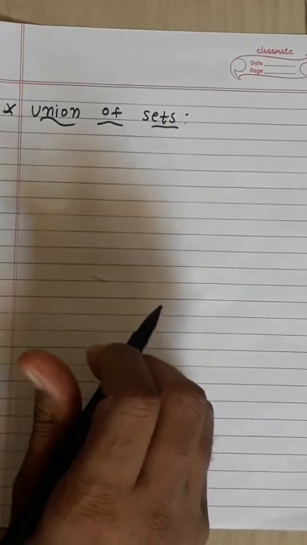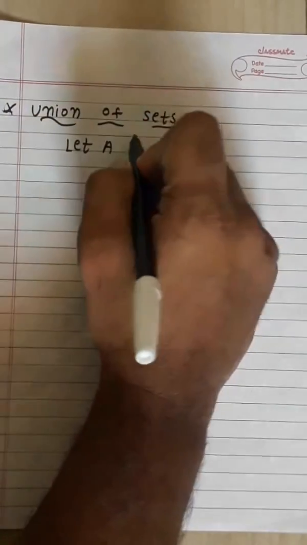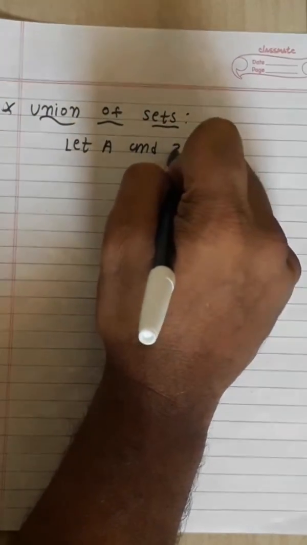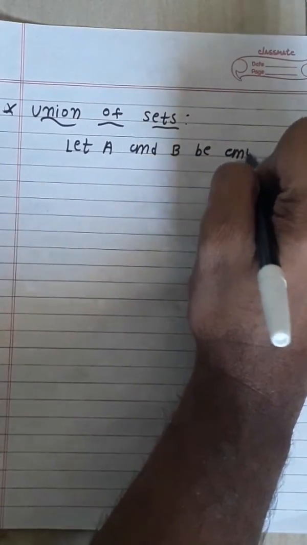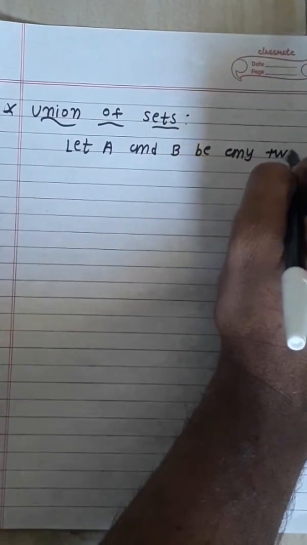So now, first of all, consider two sets. Let A and B be any two sets.